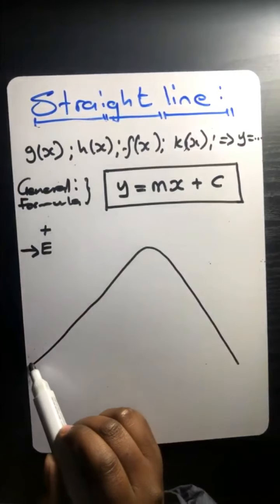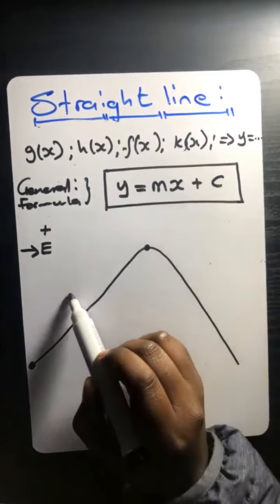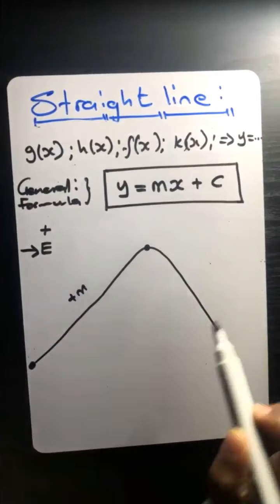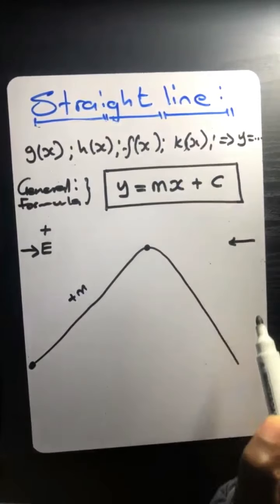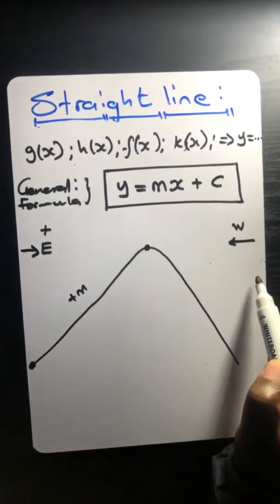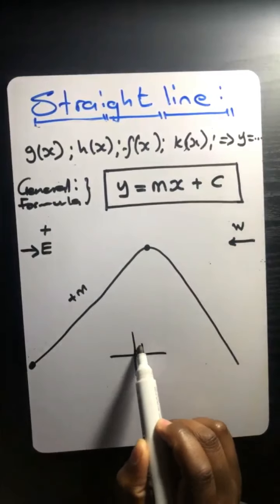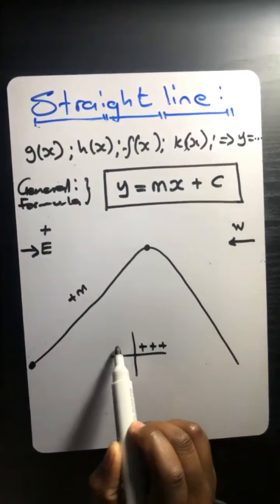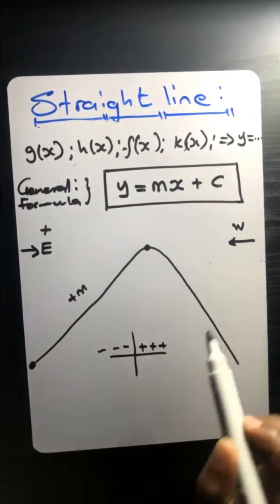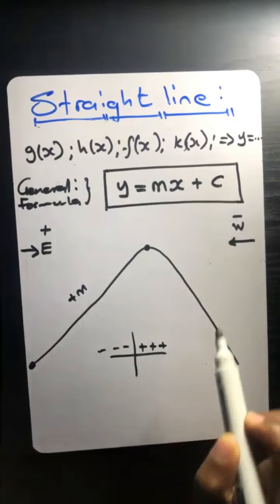So that is the reason why from that point to that point, we are going to have a positive gradient. Think of yourself walking from right to left. So that means you are heading towards the west, of which we know very well that on a Cartesian plane we've got the positive values and the negative values. So you walking from there to there means you are actually walking towards the negative.